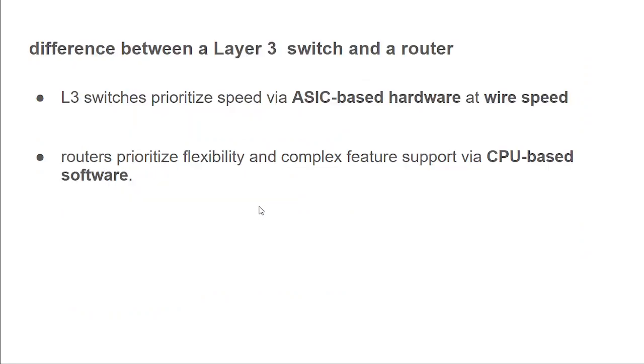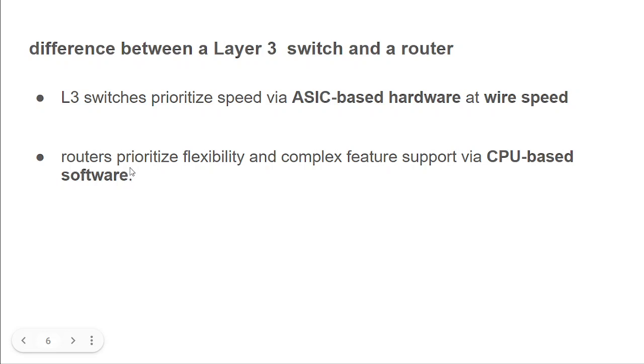Okay, let's talk a little about the difference between a layer 3 switch and a router. The key difference is that layer 3 switches prioritize speed via ASIC-based hardware, and this gives us a high-speed connection.